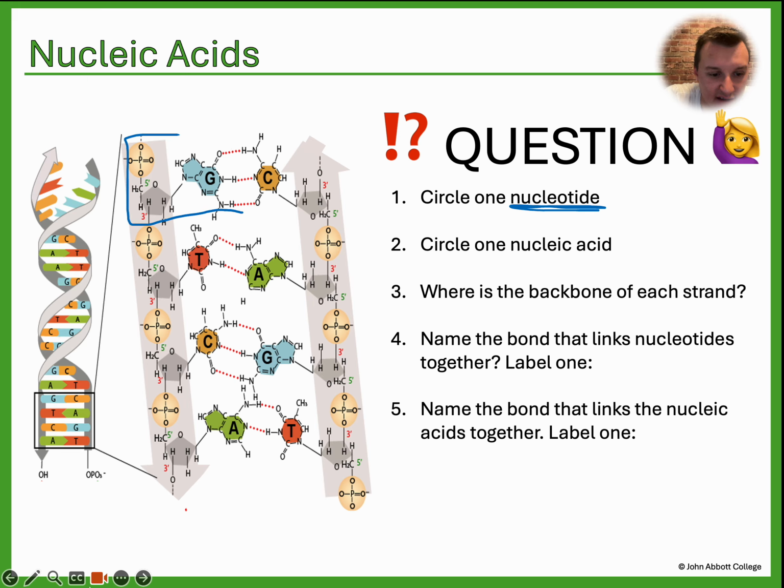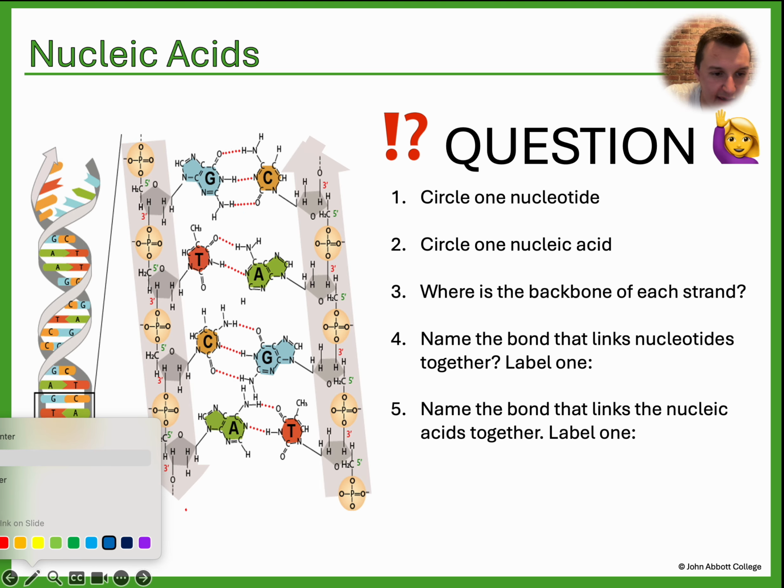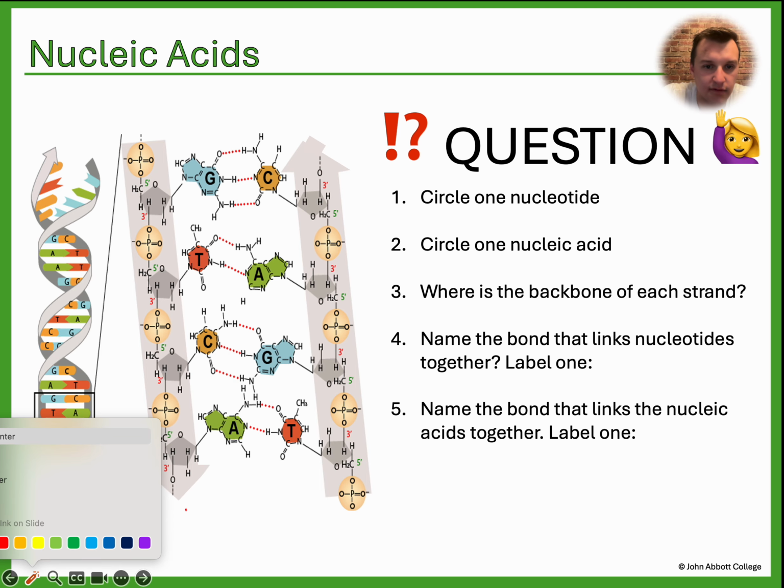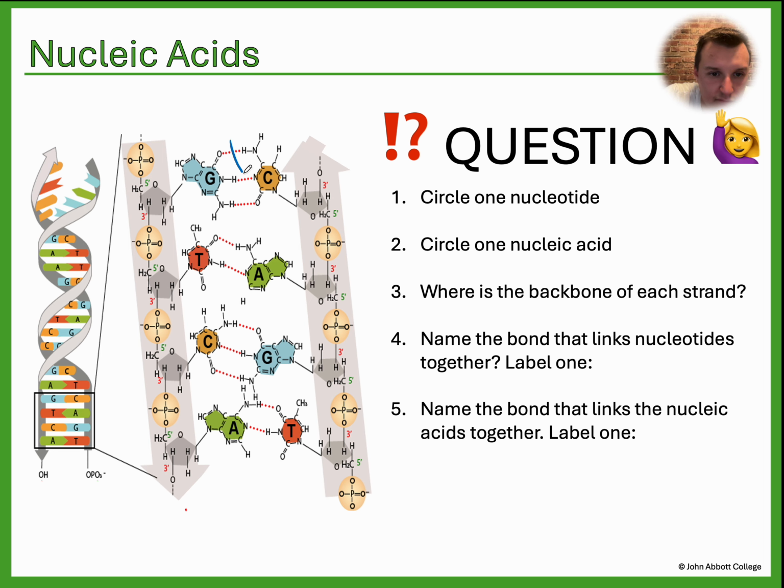Oops, I should get that hydrogen there. Let me undo that. I will go and circle this, hydrogen included, right? This is one nucleotide over here. Oh boy, bad circle. But I wanted to include all the aspects.